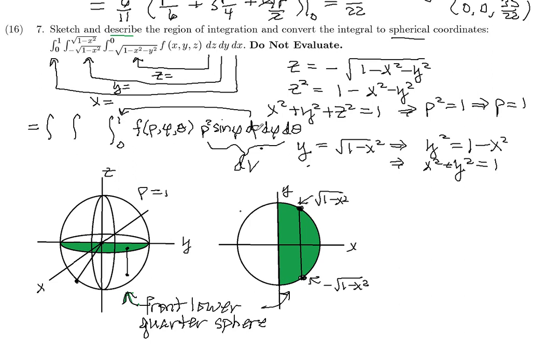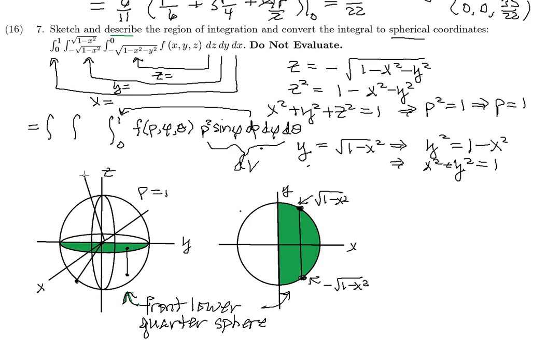And now the drop angle. Okay, so you take your radial segment, you start at the positive z-axis, and how far do you have to drop? Well, up here is the upper half of the sphere. We're down here in the bottom half. So you're going to start your drop at pi over 2. You're going to drop all the way down to pi. Remember you can't drop past pi.